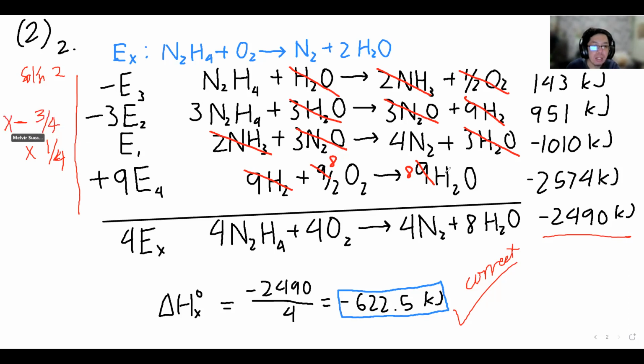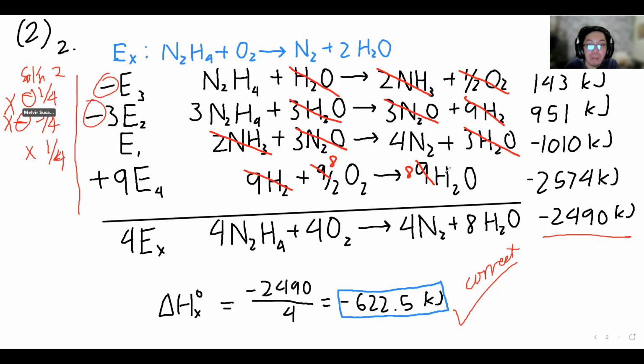So there, it's negative 3/4. Then the other one, equation 3, I also flipped. Then I multiplied it by 1/4. So look, even though we're using different factors, the flipping is the same. See? Negative, negative, negative, negative.